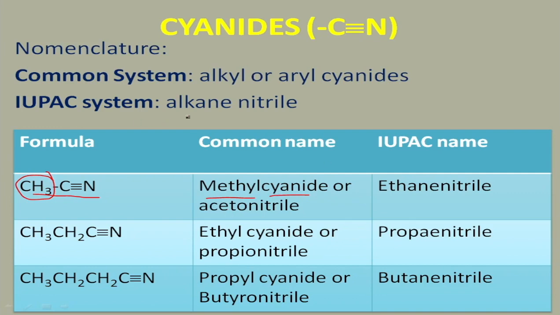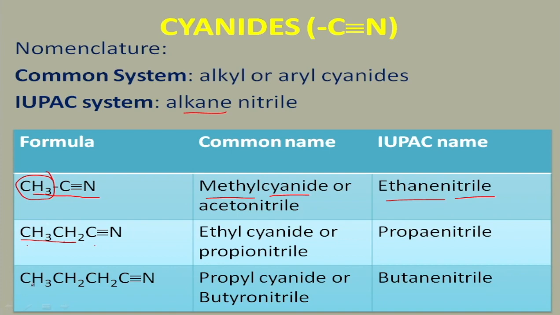Its IUPAC name is alkane plus nitrile: two carbon atoms give ethane nitrile. Next, CH3 CH2 C triple bond N: CH3 CH2 is ethyl, so we have ethyl cyanide, IUPAC name propane nitrile.